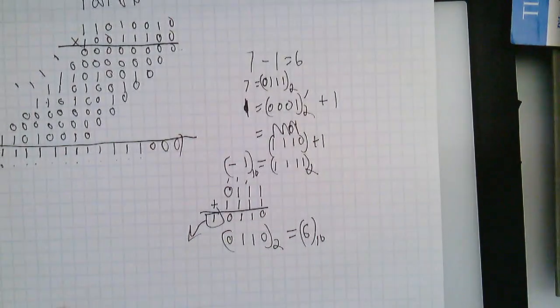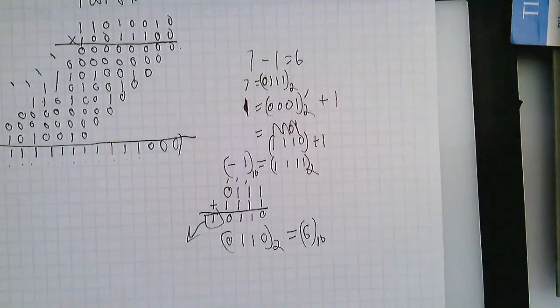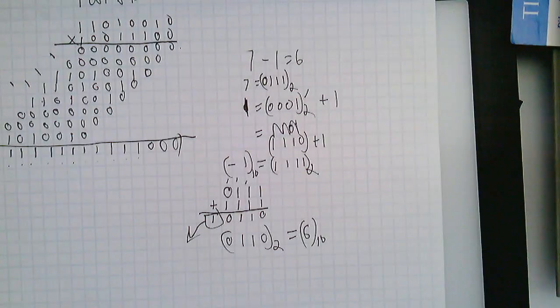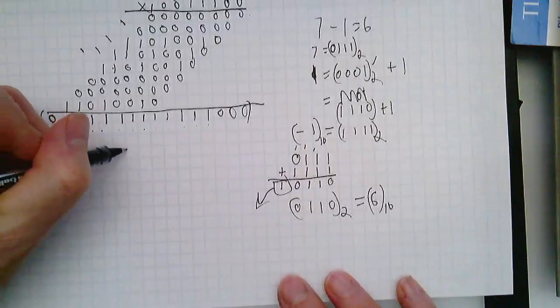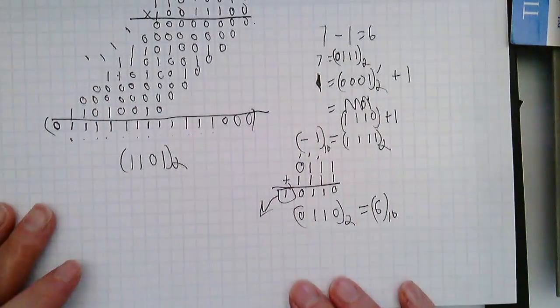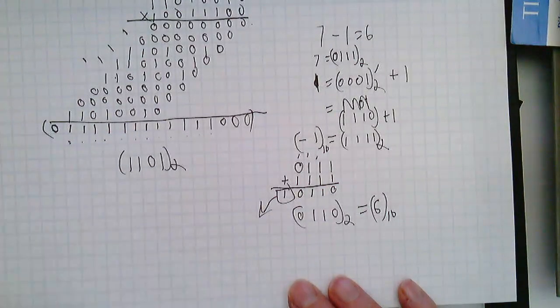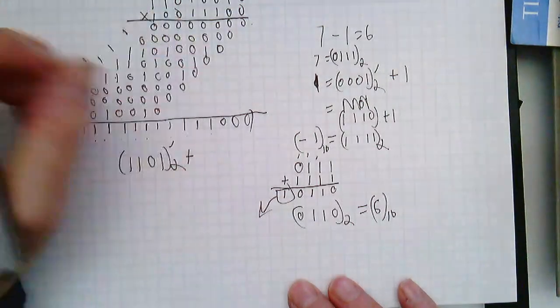Sorry, 57? Okay. 57. What is the binary representation of the following negative number in 2's complement? Okay, so he says 1101 base 2. We know it's a negative number because it's got a 1 in the most significant bit. So to turn it into a positive number, I do the same thing as turning a positive number into a negative number.